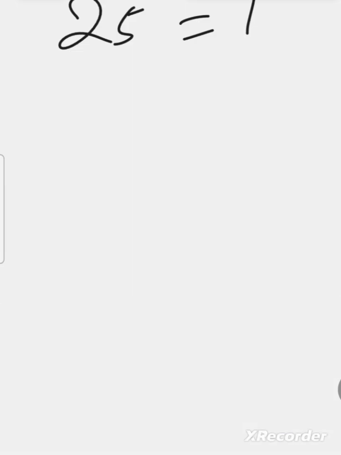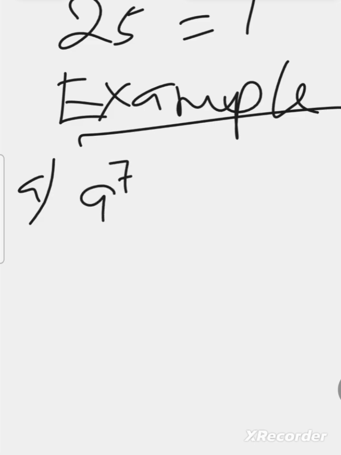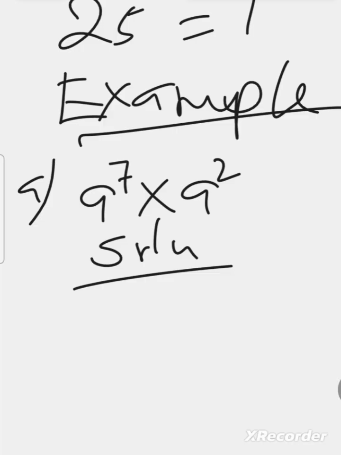Let us look at a few examples. In this A, if you are given A power 7 multiplied by A power 2, how do we solve this? Because the bases are the same, we would apply the first law of indices.